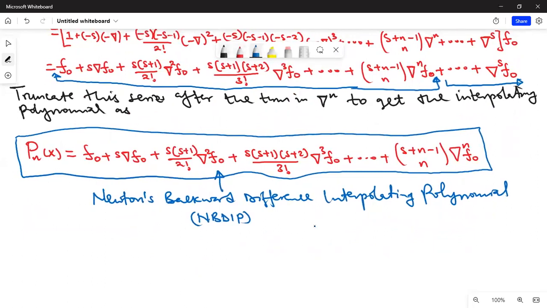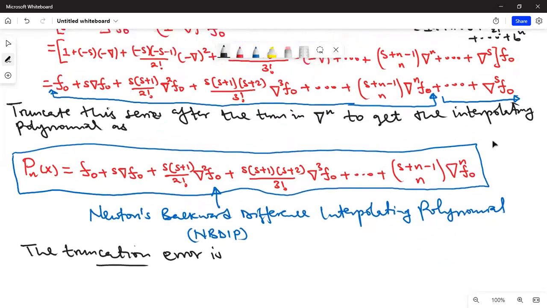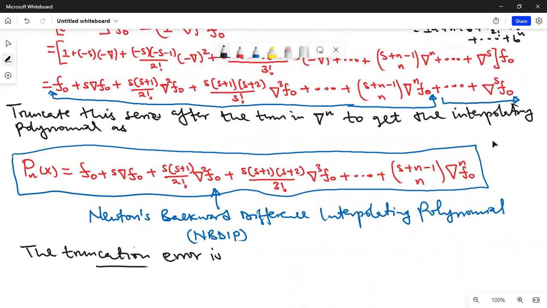So how do we find the truncation error? So the truncation error is, look at where we've truncated. We've truncated from n plus 1, combination n plus 1 going onwards. So where there is n in this last term, we substitute n plus 1.